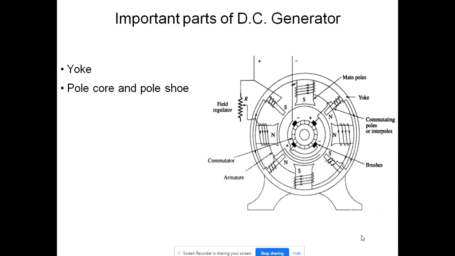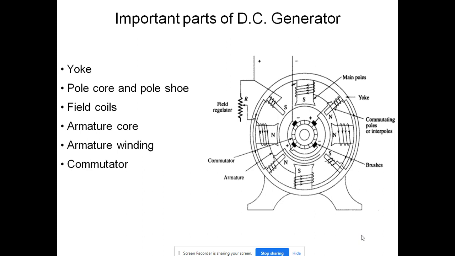The various parts of DC generators are yoke, pole core and pole shoe, field coils, armature core, armature winding, commutator, brushes and brush holders, bearings.